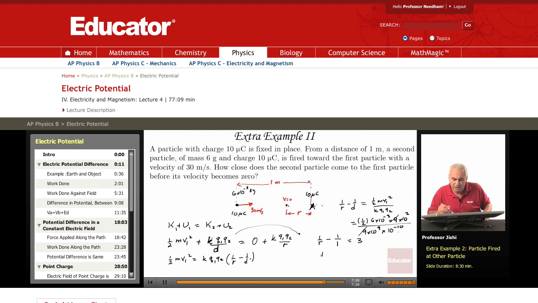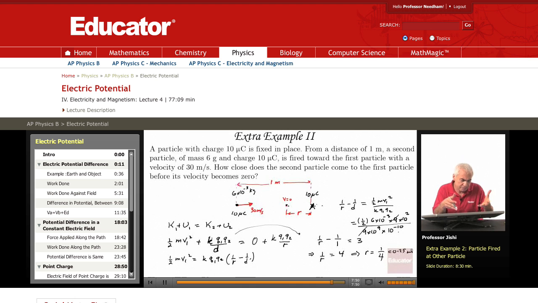So this means that 1 over r is, take the 1 over here, 3 plus 1 is 4. So this means that r is 1 over 4, 0.25 meters. Okay?